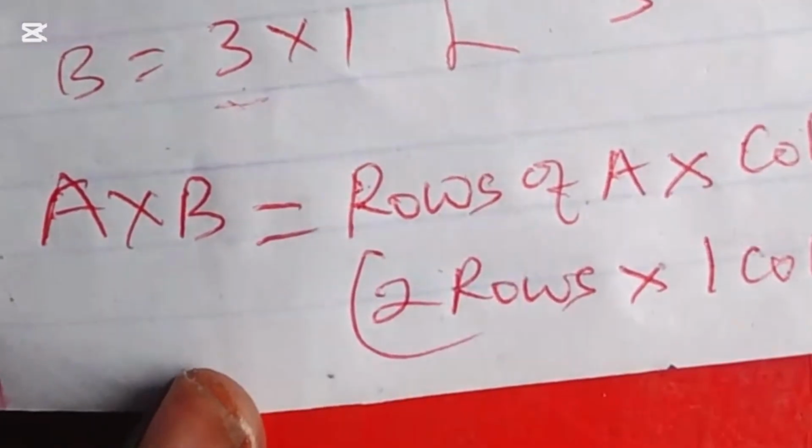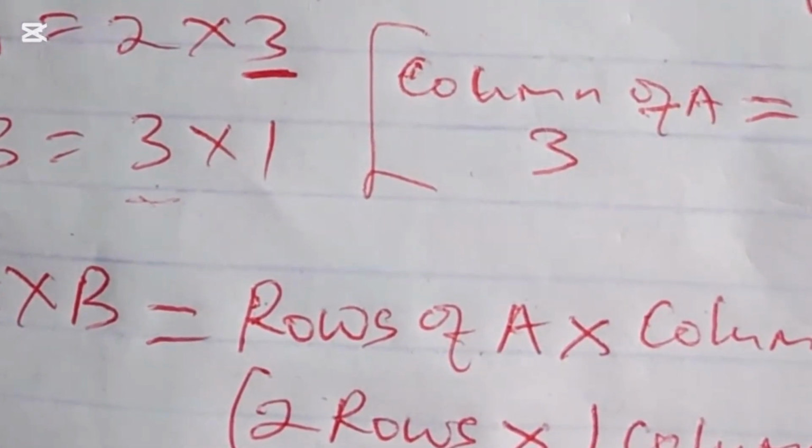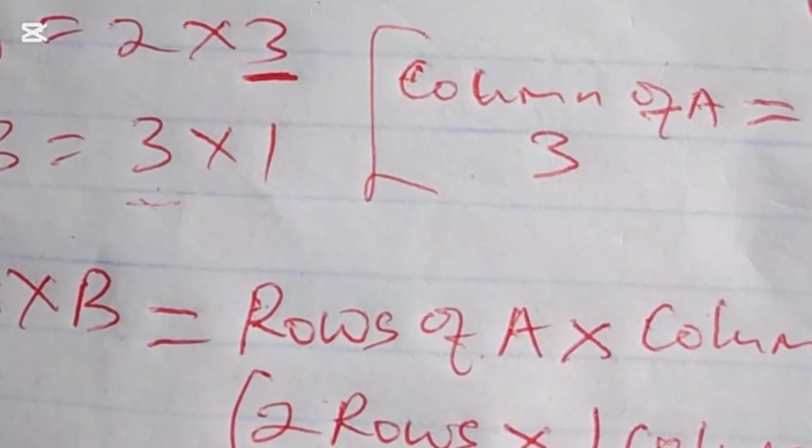So our product is going to be 2 rows and 1 column.